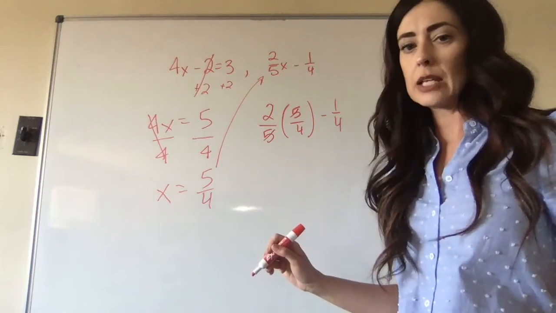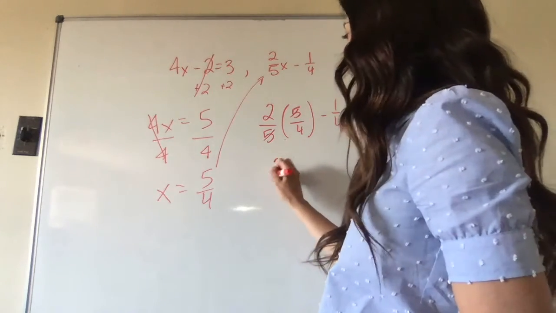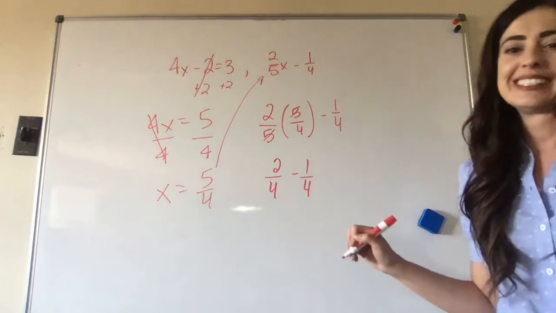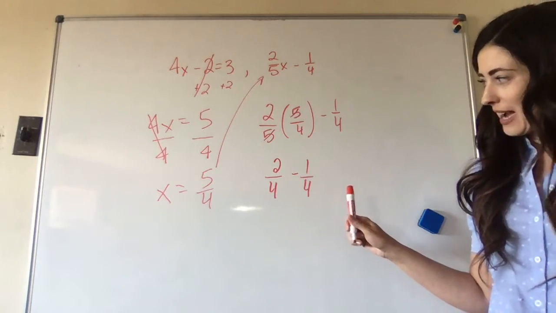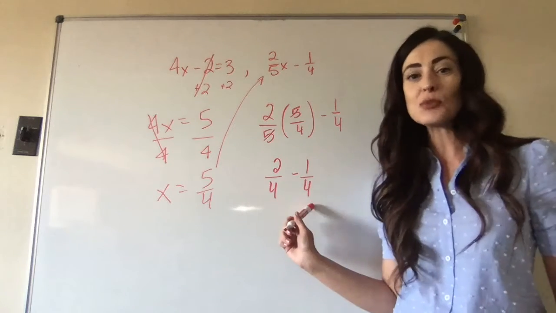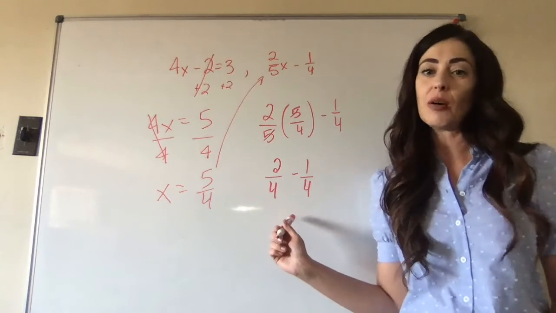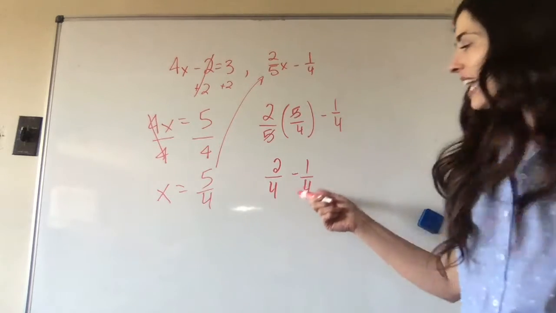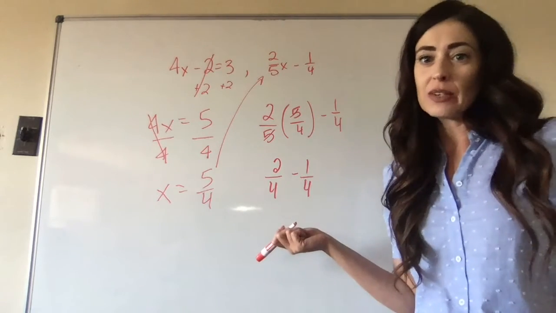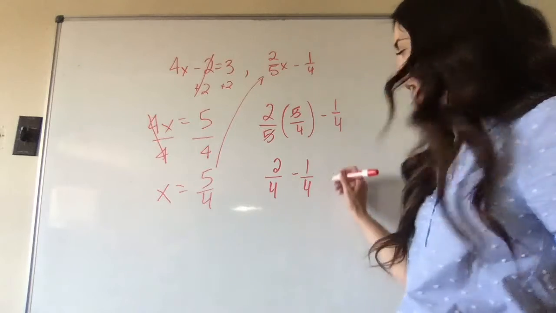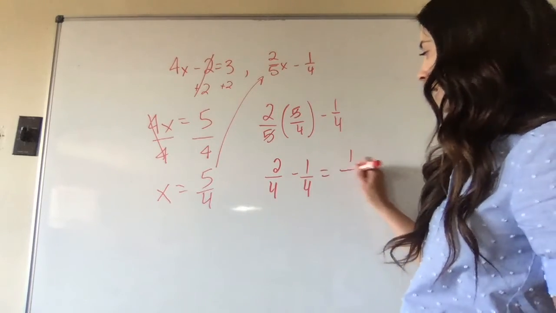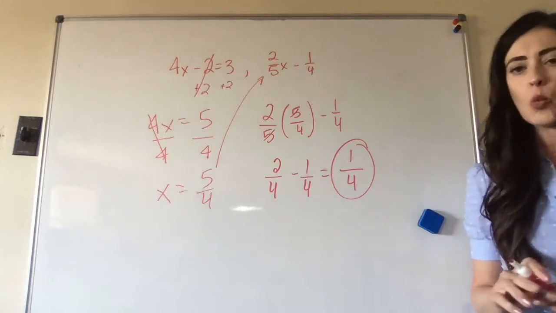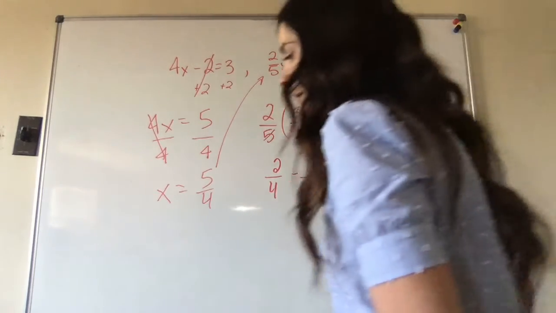So I can cross cancel those 5's, and I get 2/4 minus 1/4. Now luckily, we get a common denominator, so we don't have to do any fancy footwork with that. So 2 minus 1 is 1, and then we bring our denominator over. So the answer for this one is 1/4.